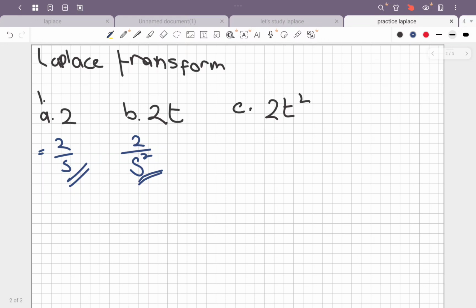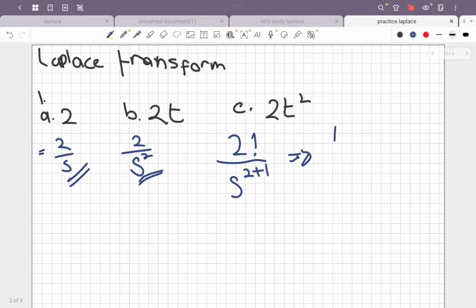So as we know, if there's t and the square or power, we need to refer to the table or row 4b, which our final answer will be 2 over s cubed.